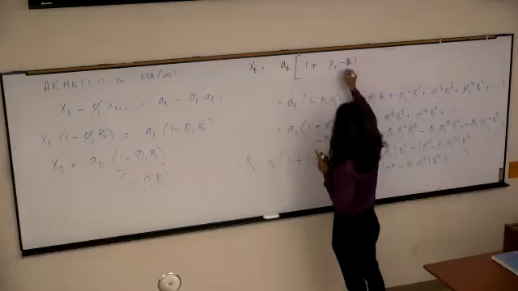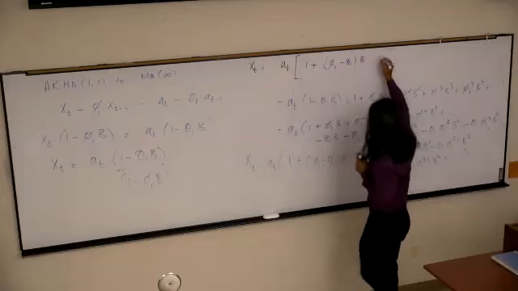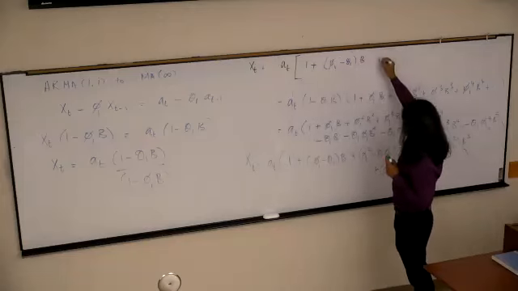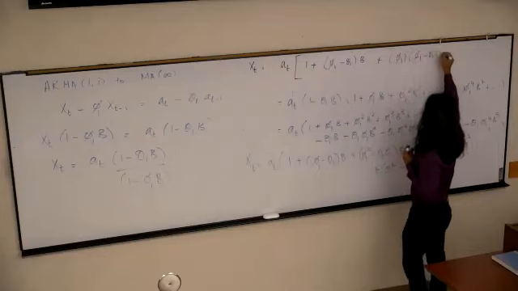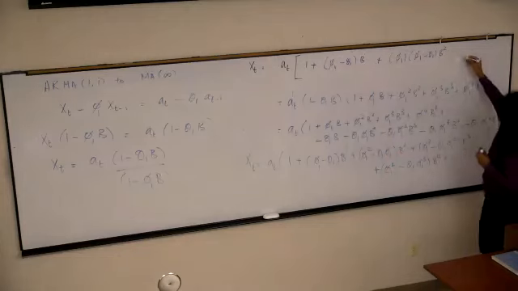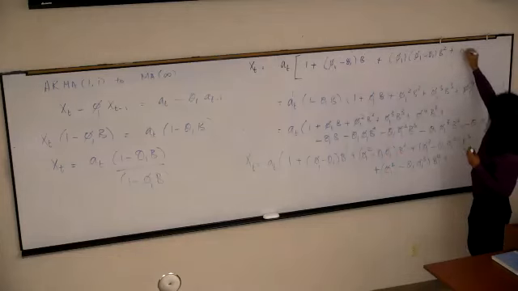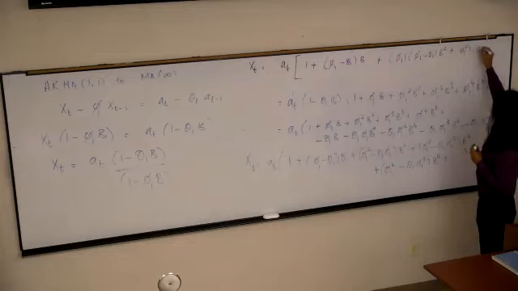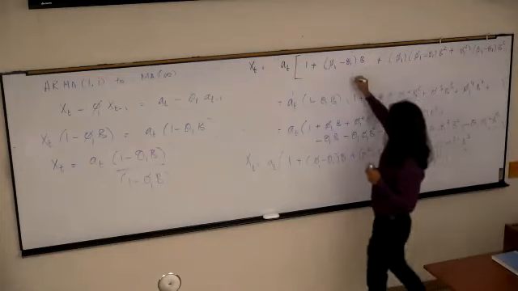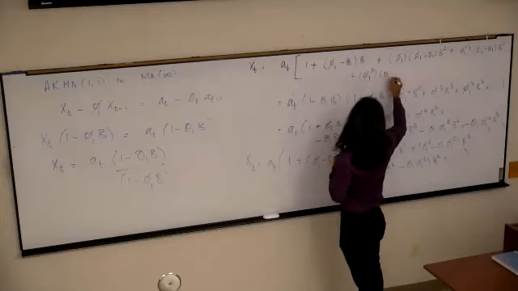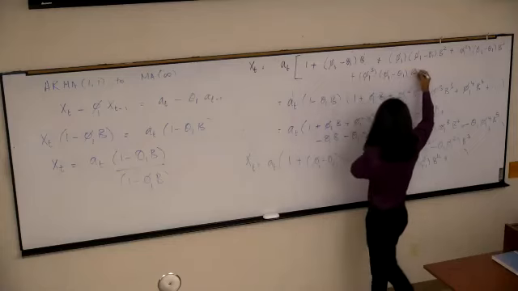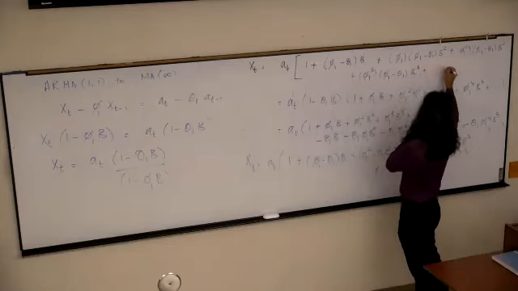Phi1 minus theta1 B plus phi1 times phi1 minus theta1 B squared plus phi1 squared times phi1 minus theta1 B cubed plus phi1 cubed times phi1 minus theta1 B raised 4, dot dot dot.